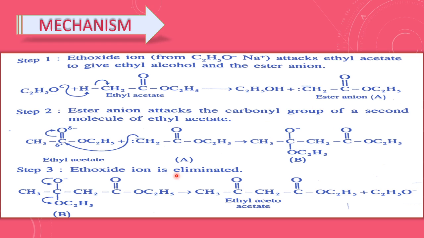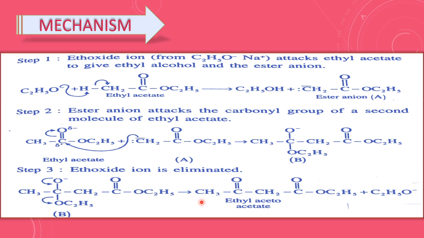In the next step, or third step, the ethoxide ion is eliminated. How is it eliminated? Here the negative sign on oxygen means the presence of electrons. This attacks this carbon, forming a carbon oxygen double bond, and this OC2H5 is removed.